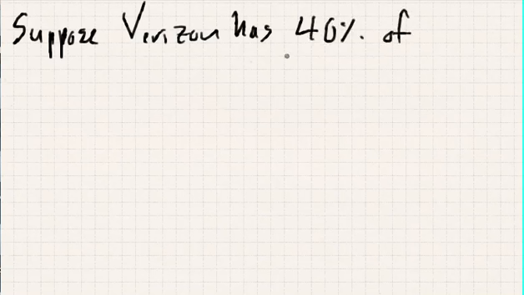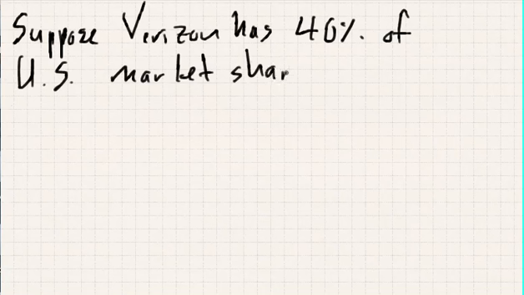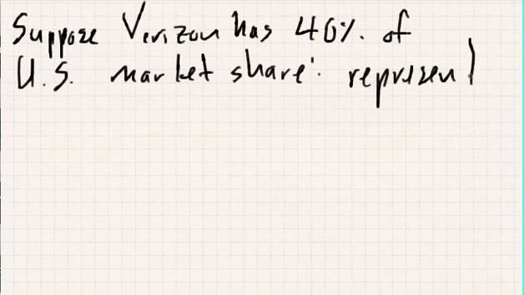Now let's suppose that Verizon has, I just made this up, 40% of the US market share. Well, we represent this using something called an initial state.